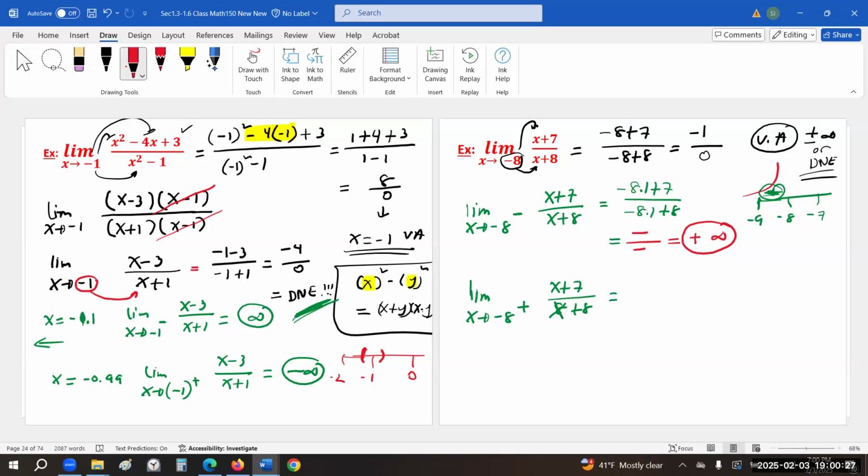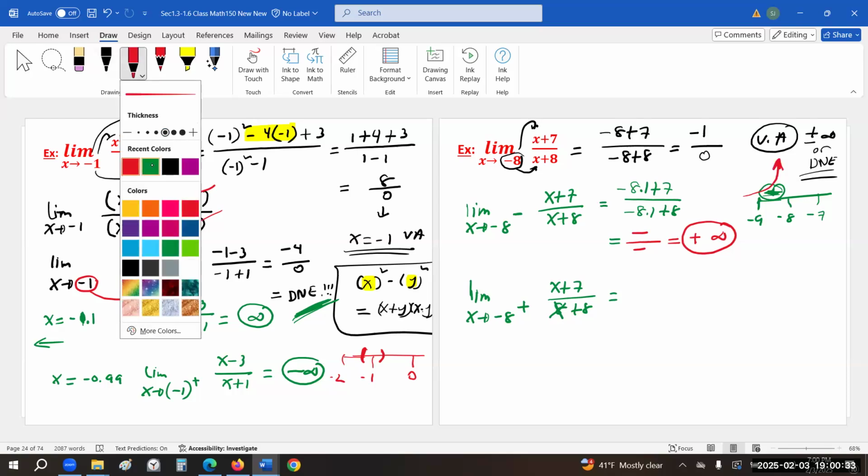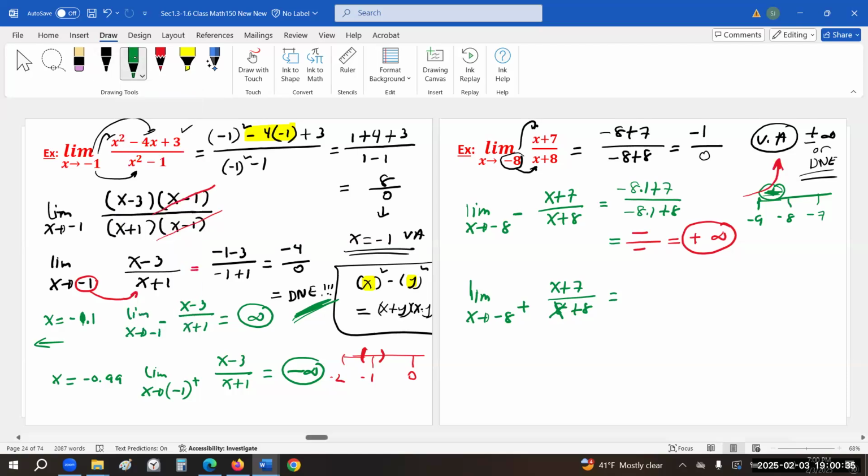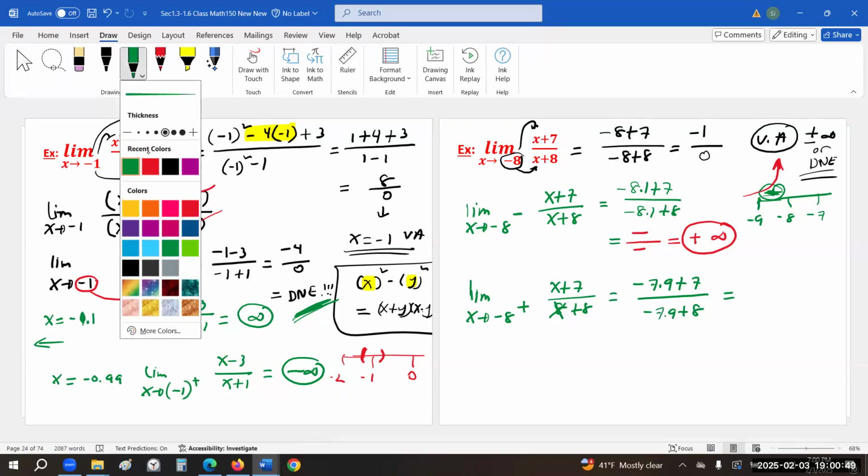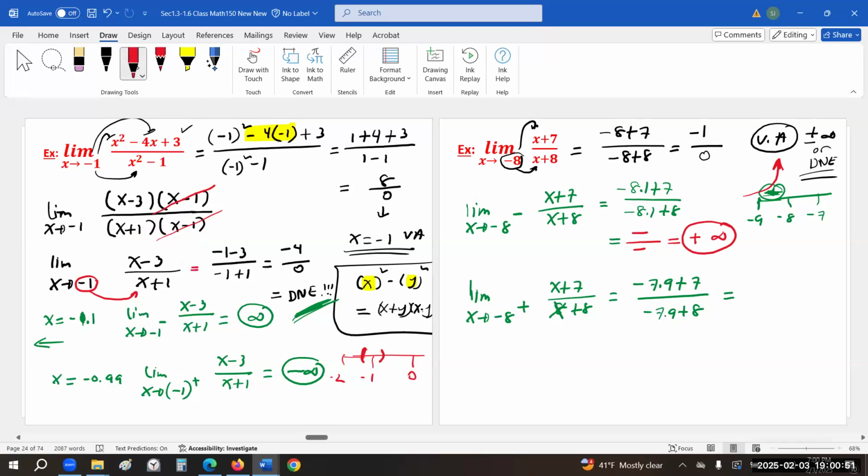That tells us we have a positive infinity on the left side. So our graph is going this way on the left, positive infinity. On the right side, we are picking -7.9. So -7.9 plus 7, -7.9 plus 8. Now -7.9 is bigger again, but it's minus.